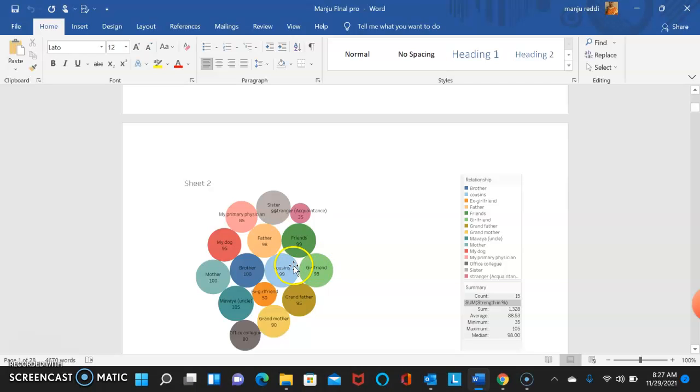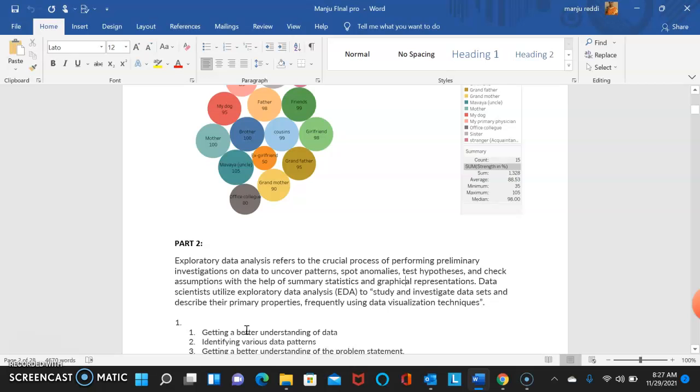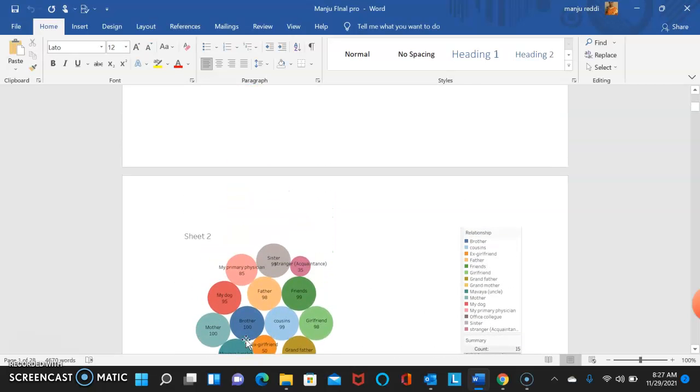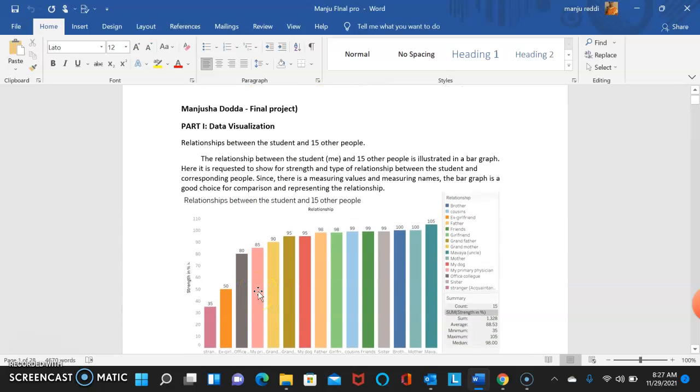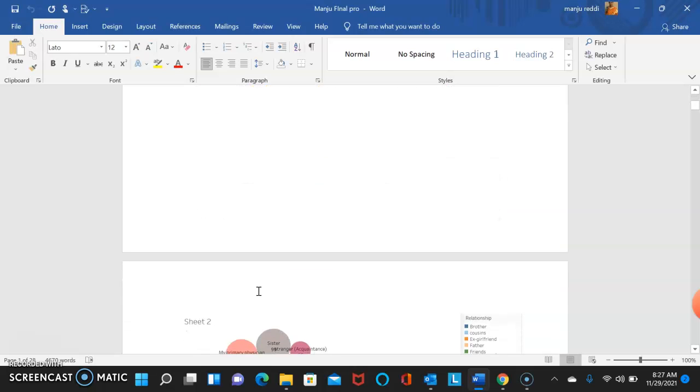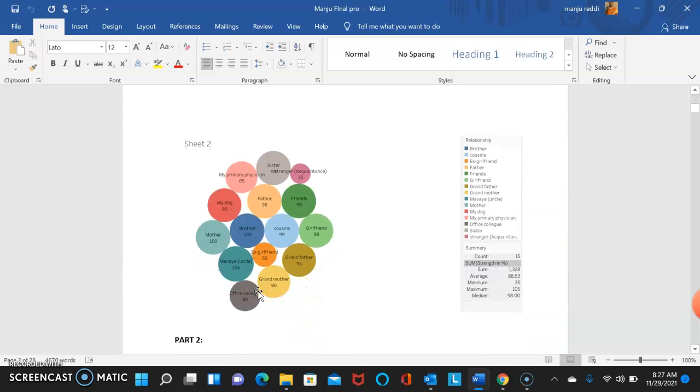We can see some of the bubbles like father, grandfather, and my primary physician's ex-girlfriend. The relationship is also maintained very well, and the relationship between the student and a stranger has a lot of differences compared to maintaining a family relationship.